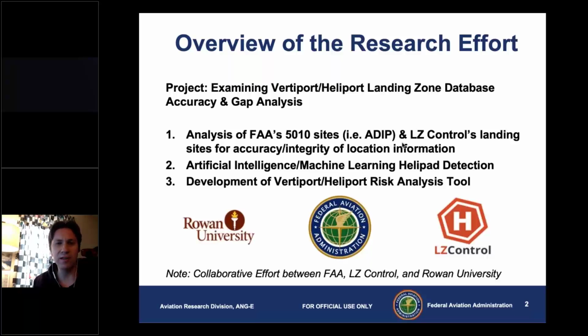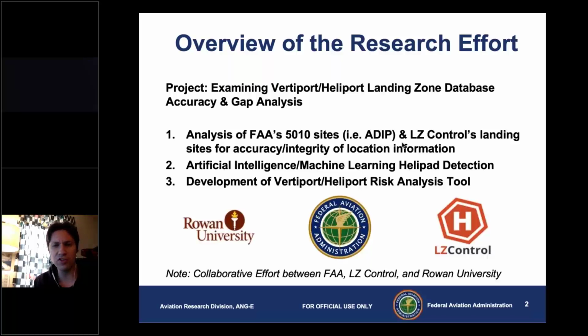It really breaks down into three different areas that we've looked at. One is looking at the ADIP system that the airports group has, adip.faa.gov, combined with the LZ Control data set from our friends at LZ Control, who we have an agreement with to collaborate on this effort and some other work.